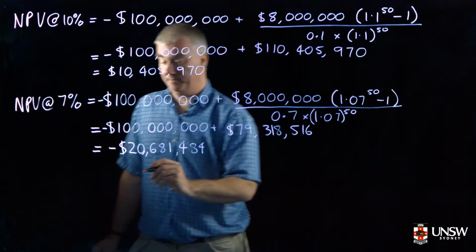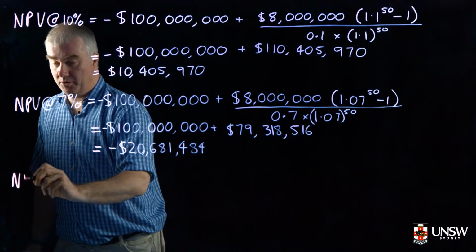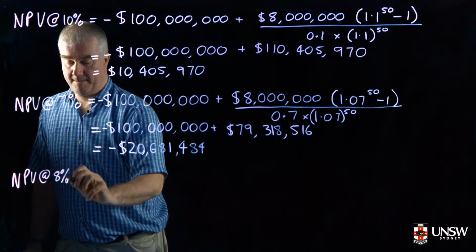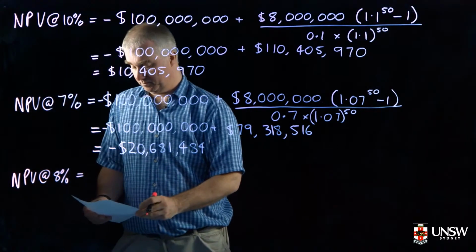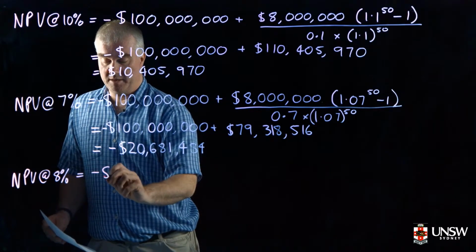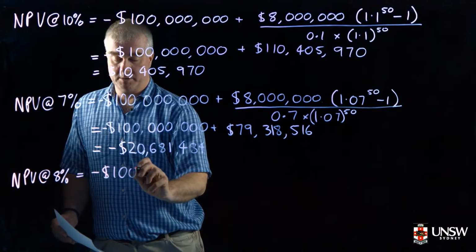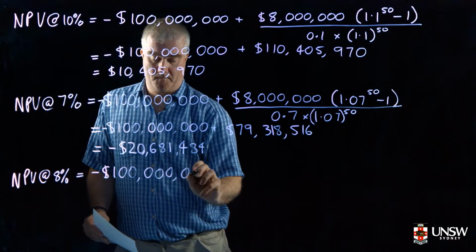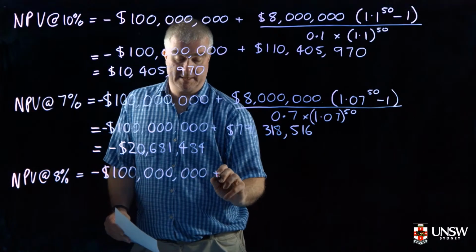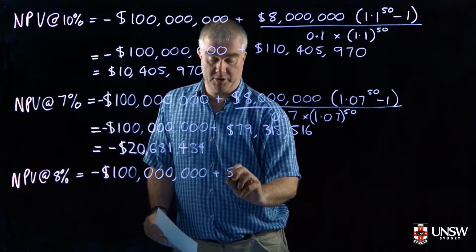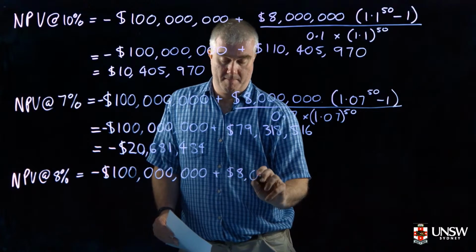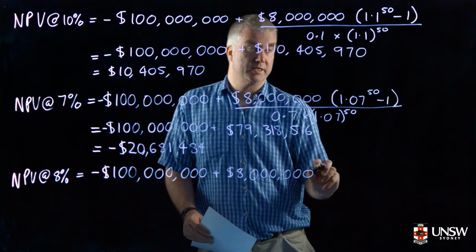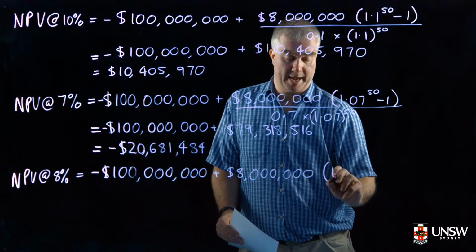Let's try 8%. So our net present value at 8% is equal to, once again, the cost of $100 million plus the benefit each year of $8 million. This time our factor will use 8%.